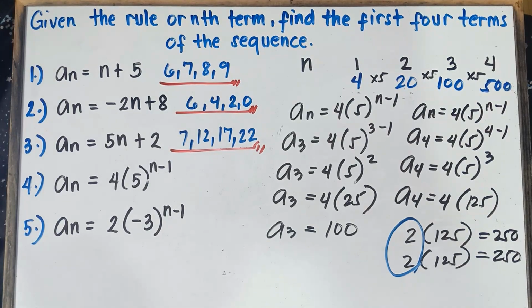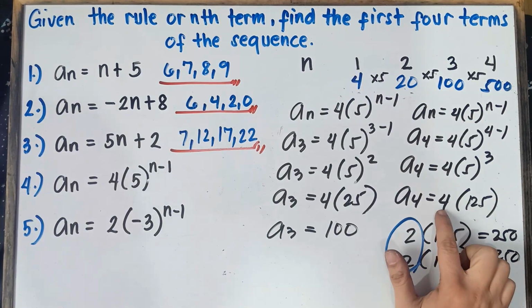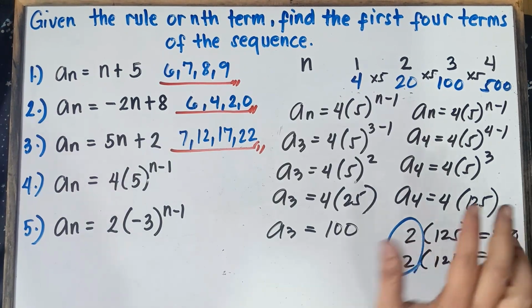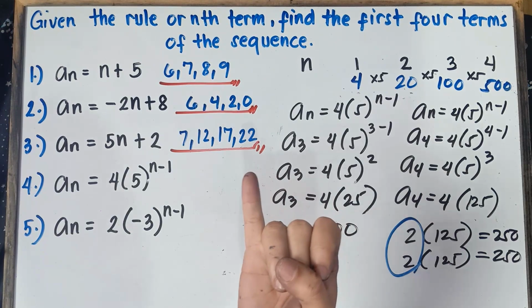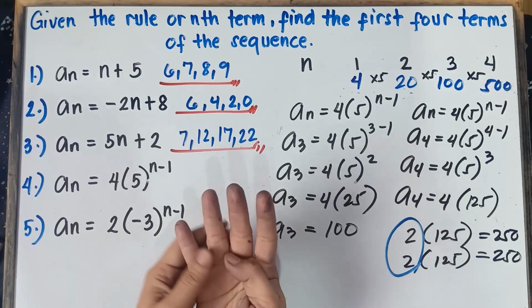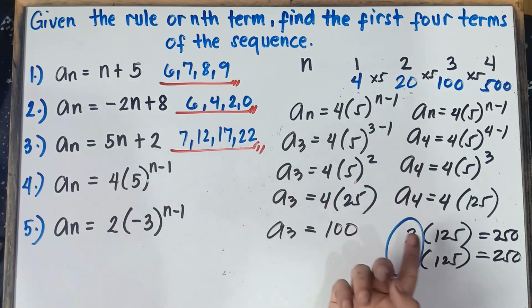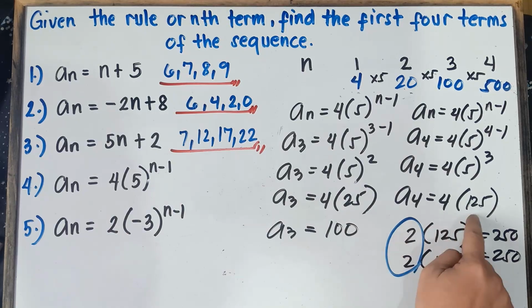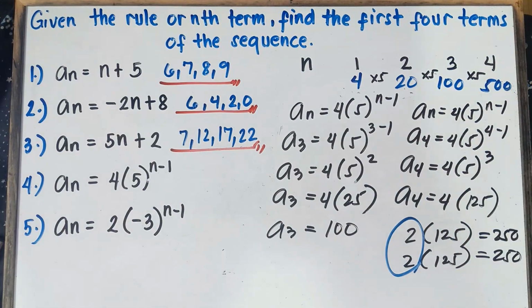I hope it's clear for you, class. 4 times 125, that would be equal to 500.